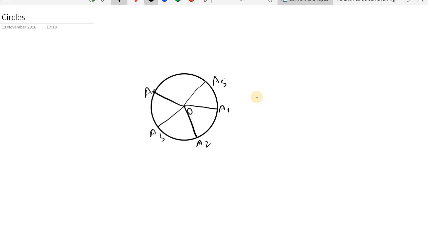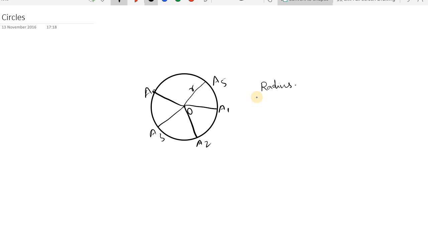Each of these points is at a distance of R or a particular radius. So OA1, OA2, OA3, OA4, they all are at the same distance from the center. So this distance is known as the radius.